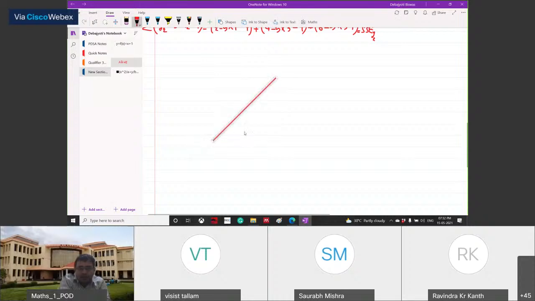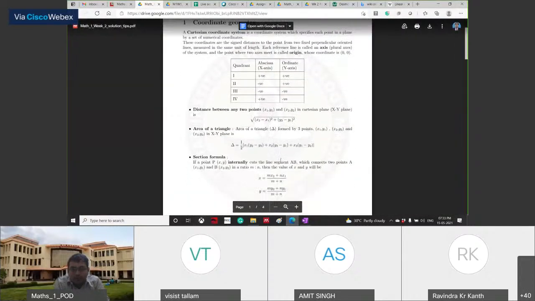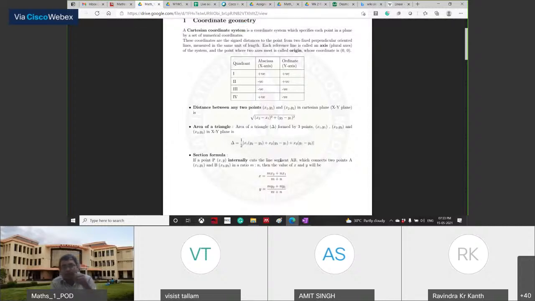If we have one line like this, and one point is x1, y1 and the other point is x2 comma y2, then the distance between these two is the root over x2 minus x1 whole square plus y2 minus y1 whole square.